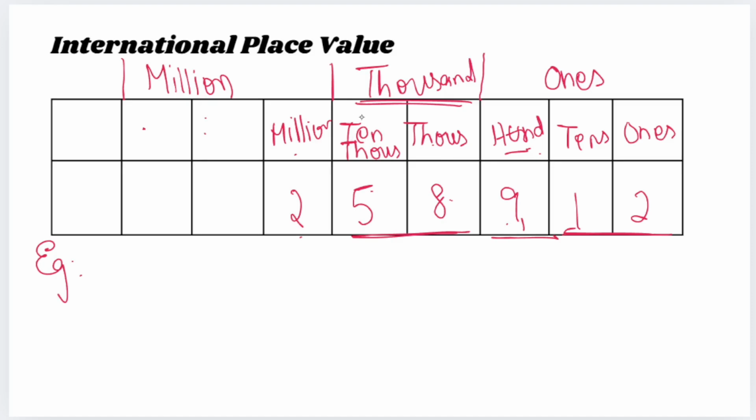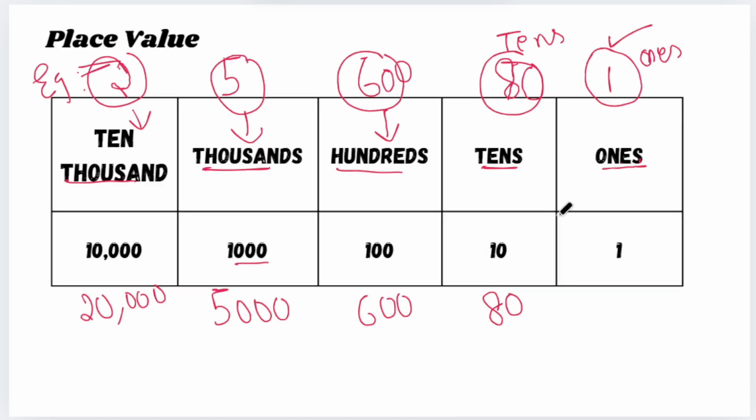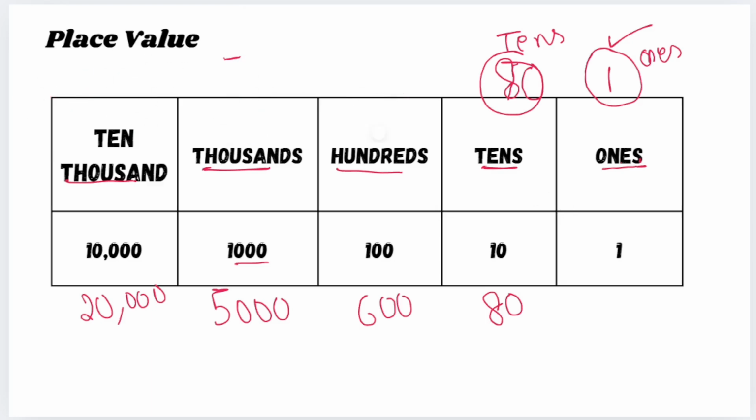I forgot to teach you one thing. In this slide, I told you how to write in expanded form, but I didn't tell you how to write in a number name. So I'll explain it now.